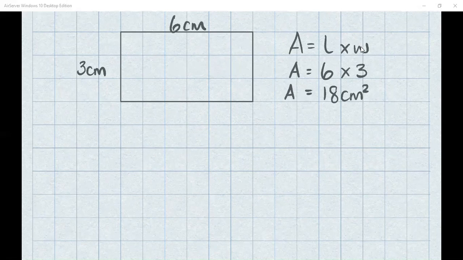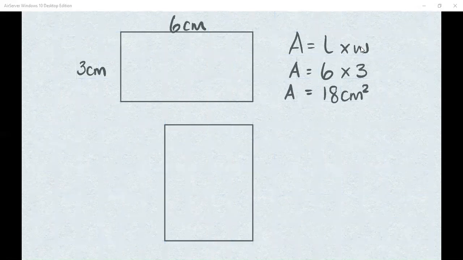So we'll just try one more example. Now this time, I'm going to give you different numbers. So we're not going by the squares that are on the page. There are no more squares on the page.